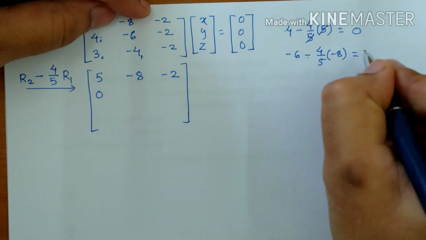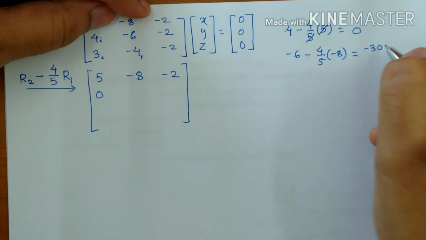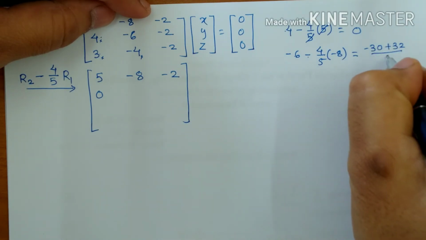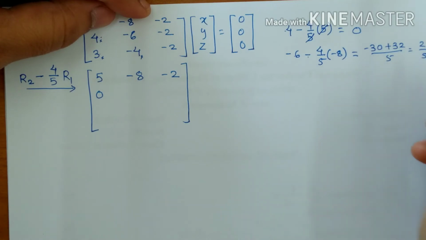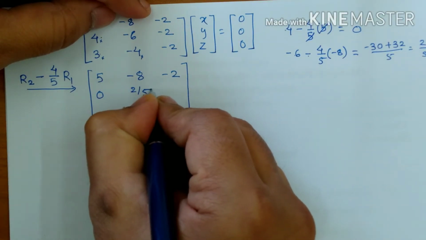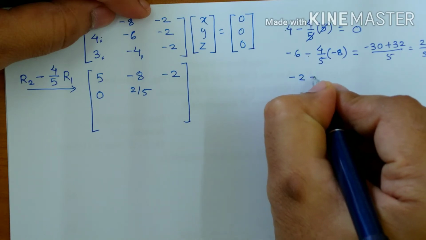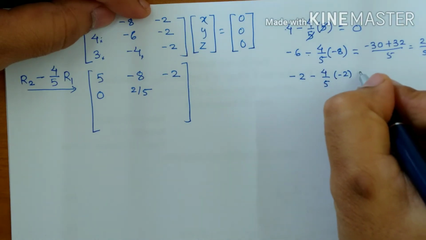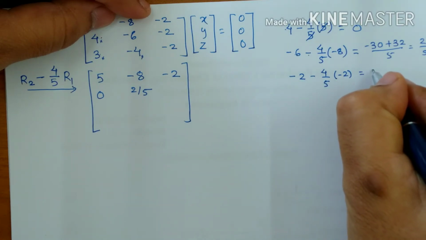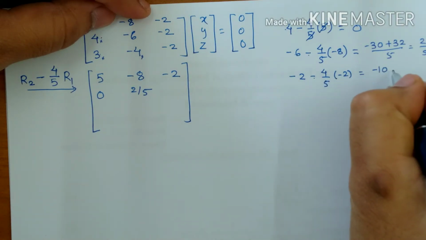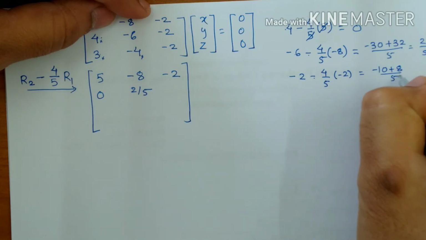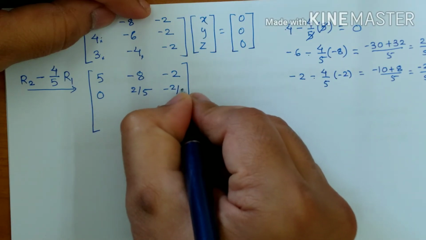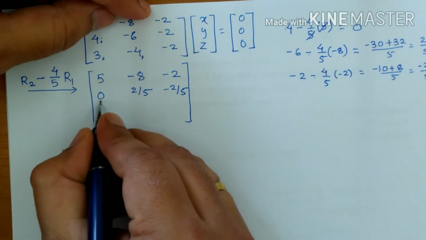This gives me minus 30 plus 32 divided by 5, so that gives me 2 by 5. Next entry is minus 2 minus 4 by 5 into minus 2. So 5 twos are 10, so this is a minus 10 there. Minus minus becomes plus 8 by 5, which gives me minus 2 by 5. So I'm getting 0 at this place.